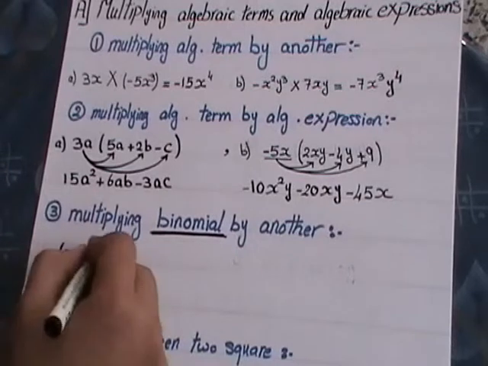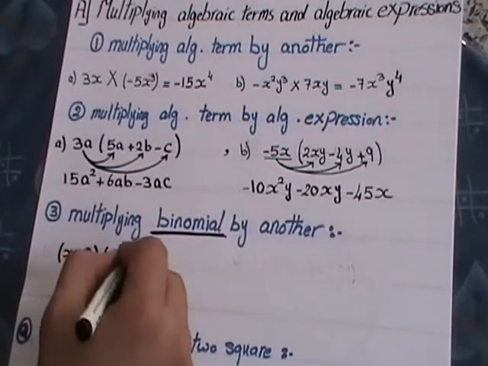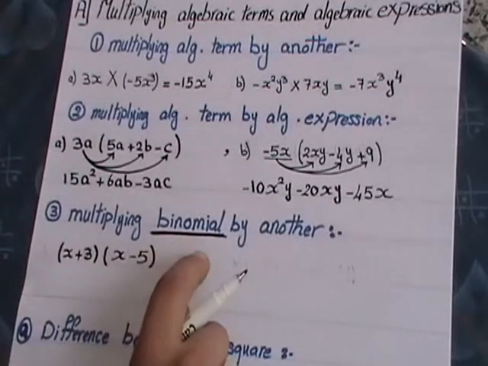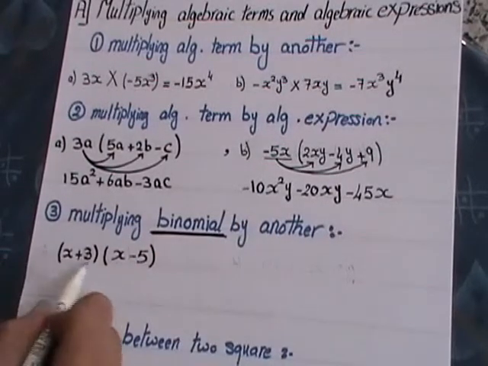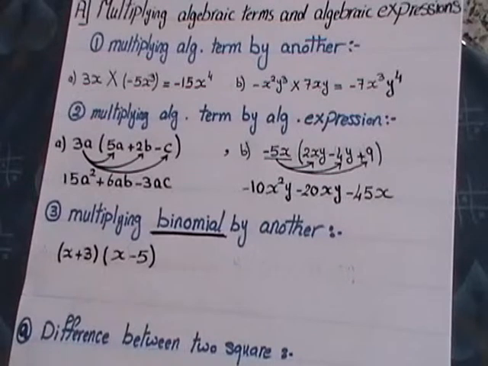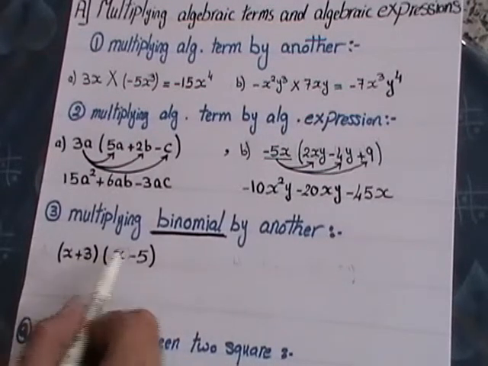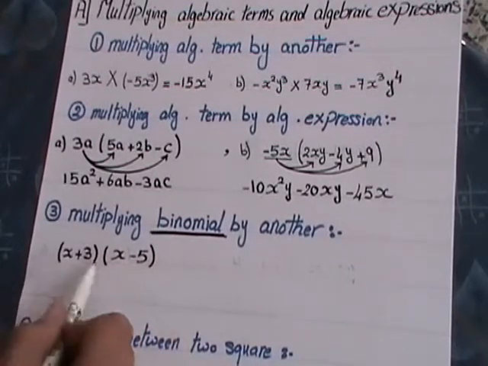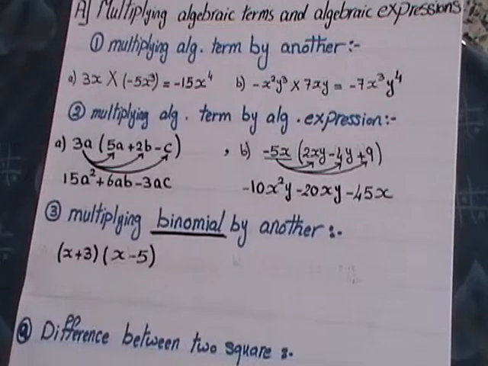And we have another binomial, x minus 5. We have here multiplying a binomial by another. The first binomial is x plus 3 and here x minus 5. Between the two brackets we have no sign, it means we multiply the two brackets.